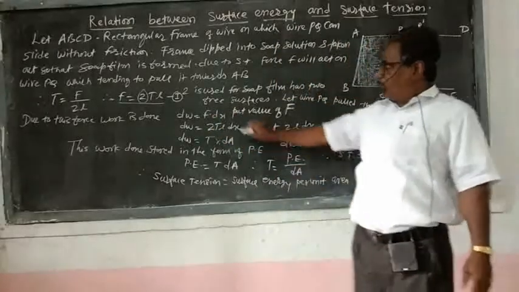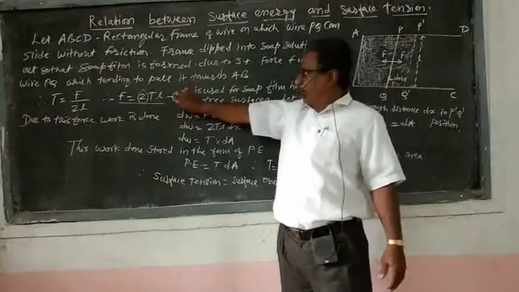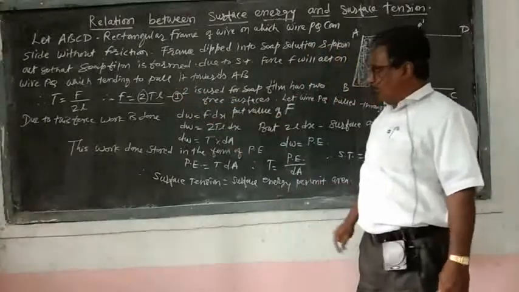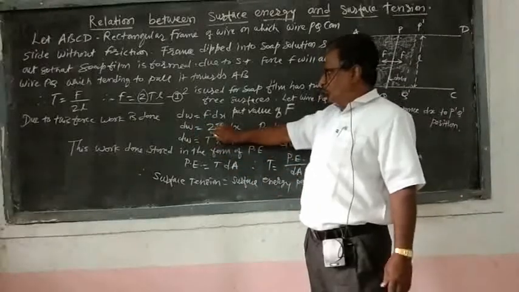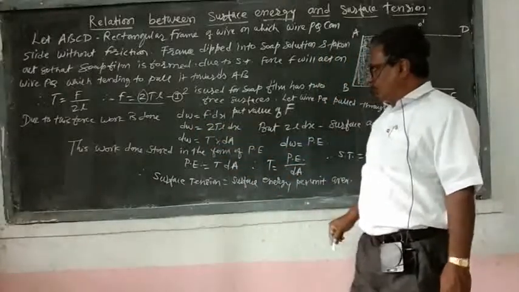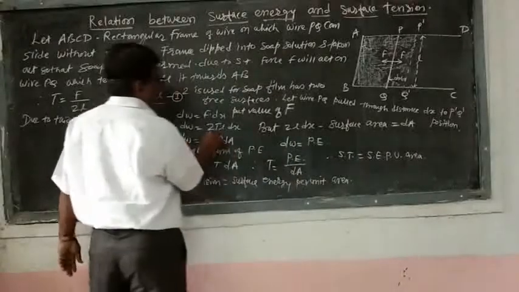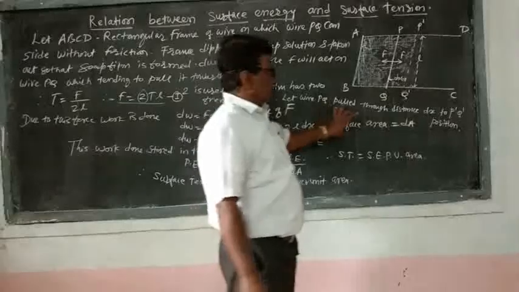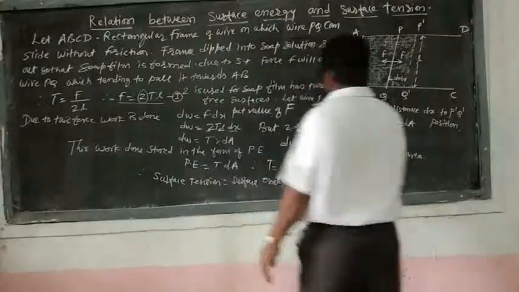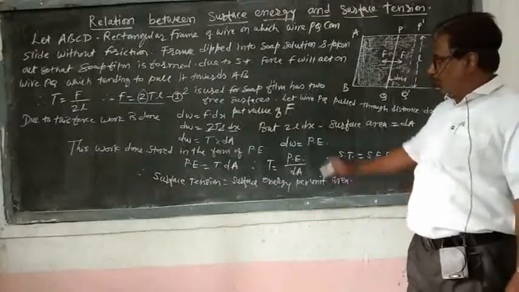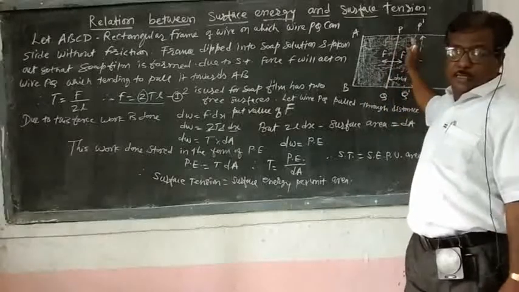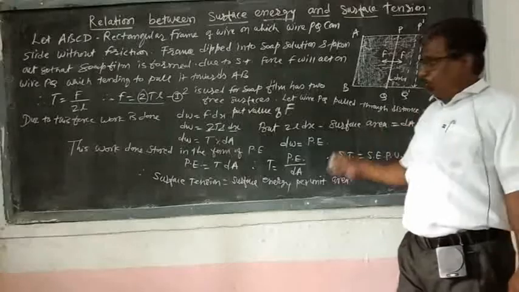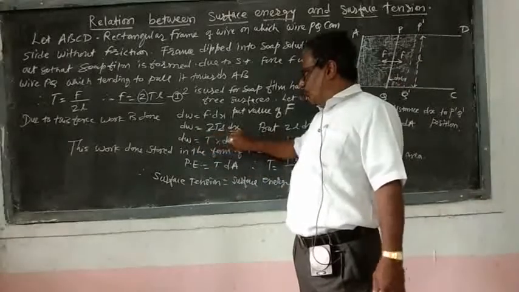We know the value of force F from equation number 1, so substituting it, we get dW equals 2TL into dx. Here 2L dx is nothing but the increase in surface area, represented by dA. So we get dW equals T into dA.